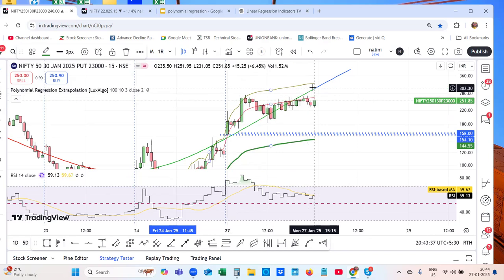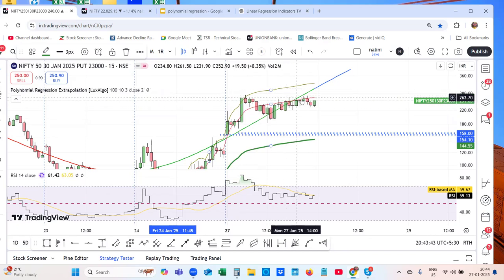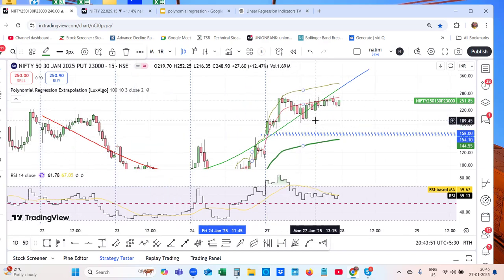Still the polynomial regression line is ascending. Price has come below this. We need to see what will happen in the market. So suppose in intraday, if it gives some dip, still it is bullish.